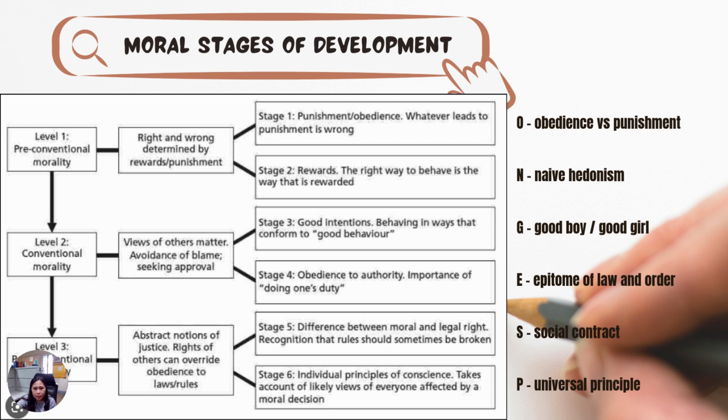A child behaves well only because they'll get a reward. It could be in school. Toddlers and young children will perform their tasks in school because they know that they'll get a star, they'll get a candy, or they will receive verbal affirmation from teachers.